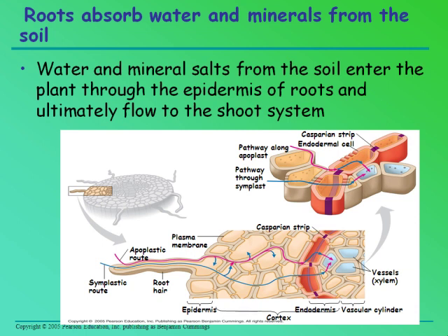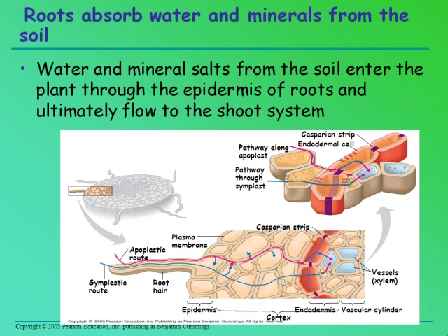Water and minerals can then diffuse into the cortex along the matrix of walls. Okay, this is the symplastic route here, the blue line. Okay, see it's going through the plasmodesmata. Minerals and water that cross the plasma membranes of root hairs can enter the symplast. And then the transmembrane route here.